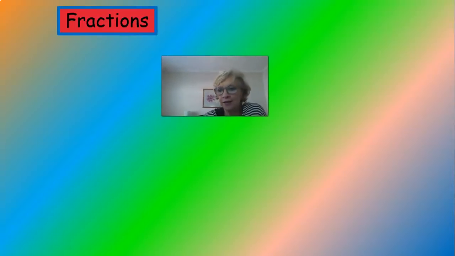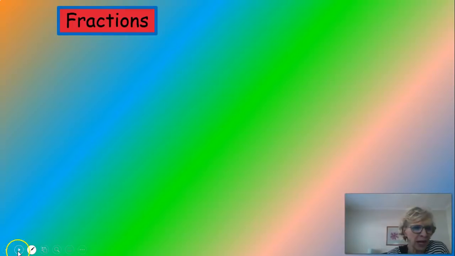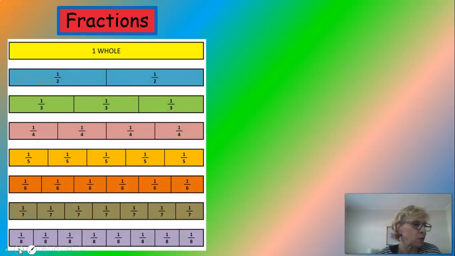Fractions now. Wow, we are going through the work like Boeings, aren't we? Right, fractions, remember, is when we break up a whole number or a whole item into equal parts. And I'm going to show you what is called a fractions bar or a fractions chart.